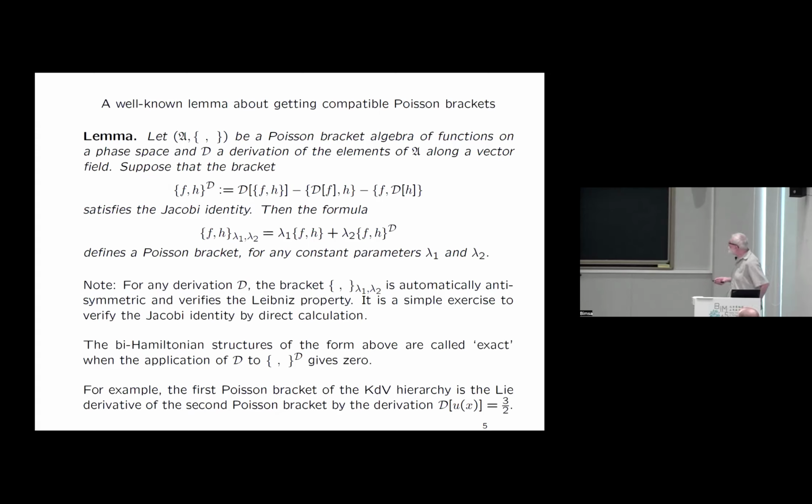Now, I will be using a very well-known little lemma for constructing such Bi-Hamiltonian structures, which I'll tell you here. Suppose we have a Poisson algebra, so functions are endowed with a Poisson bracket. And we also have a derivation, basically given by a vector field on the phase space, a derivation of the functions which form this Poisson algebra.